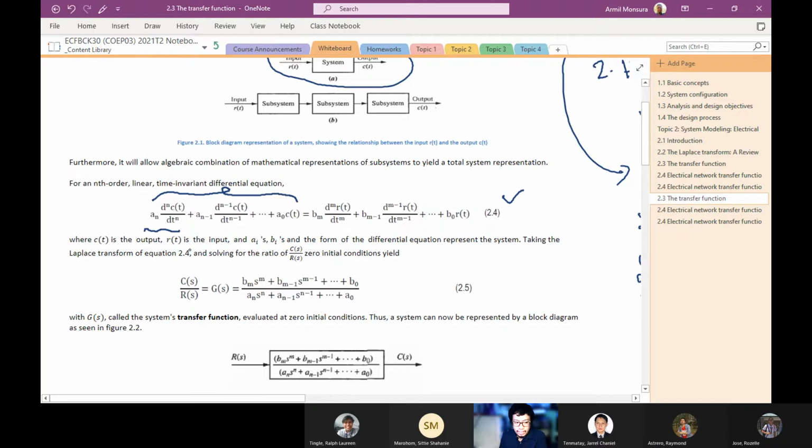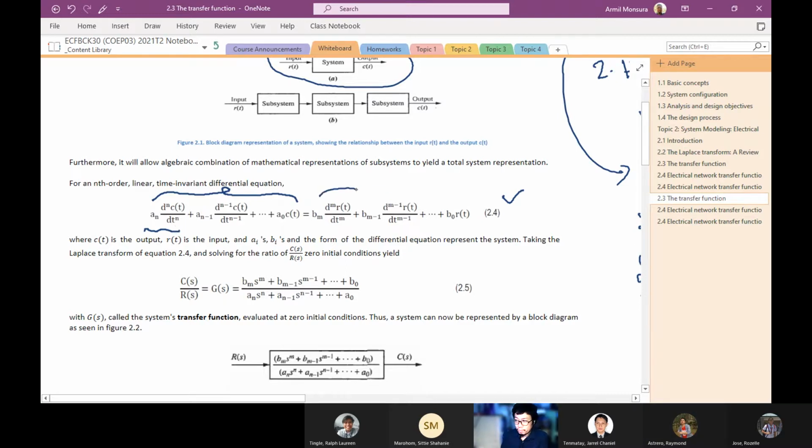And if your system has that high an order, finding a solution might prove to be mathematically challenging. That's the problem there.